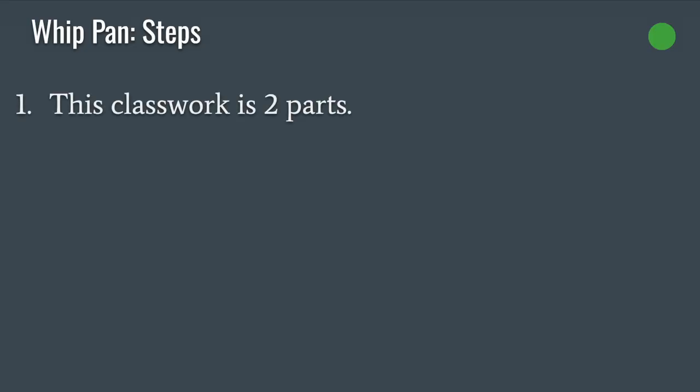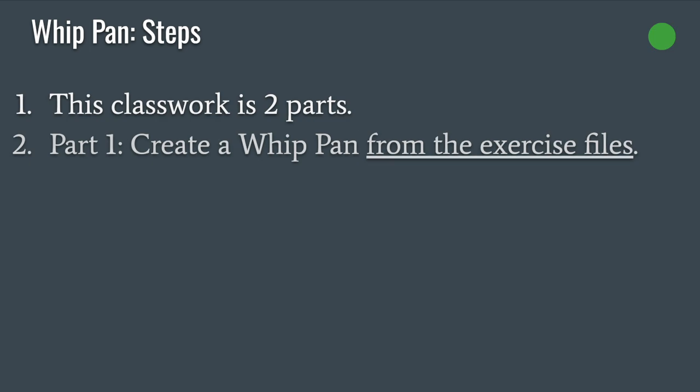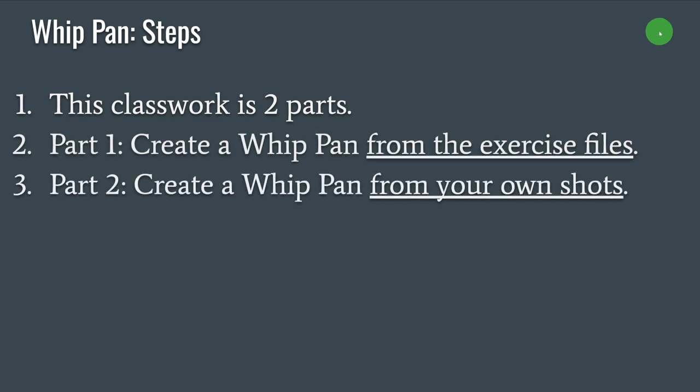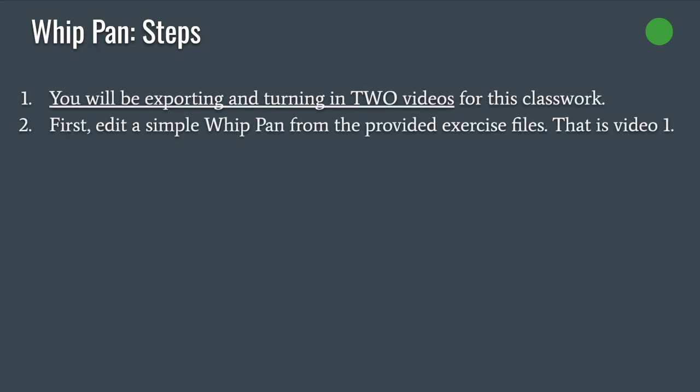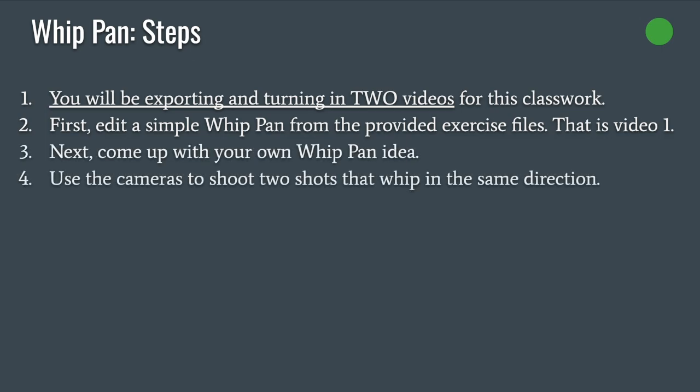So just like before, this assignment is 2 parts. You will create a video clip with the provided exercise files, and then you will create a clip with your own shots. So you're turning in 2 video clips again. The first one from the exercise files I've provided. Then you will come up with your own idea, take the cameras and the tripods, and shoot 2 shots that whip in the same direction.